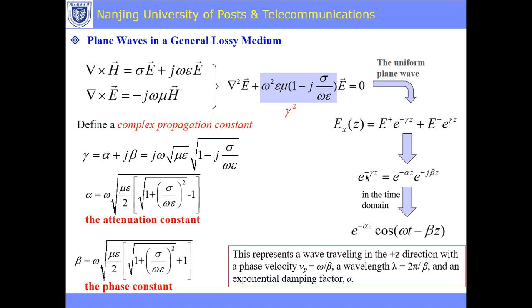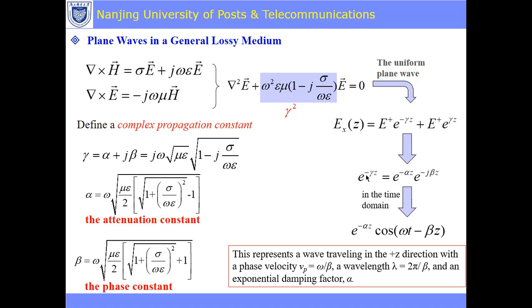Why is it complex now? My question. Why all of a sudden does this propagation constant become complex? Before, in a lossless medium, it was not. Yes, because it's a lossy material now. We are talking about a lossy medium, which means there is a loss, and we need to reflect that loss.